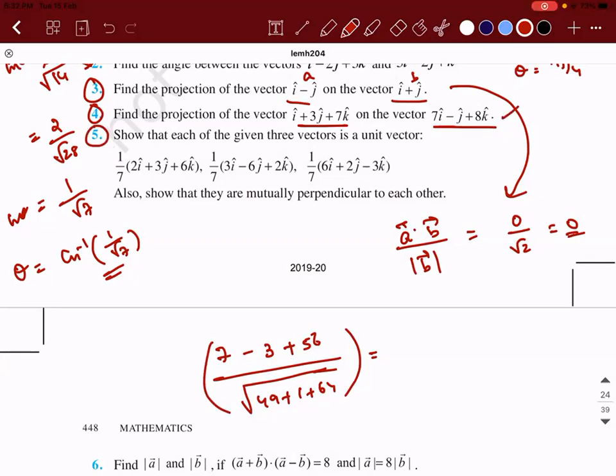Show that each of the given 3 vectors is a unit vector. How will you show them? How will you show that they are unit vectors?